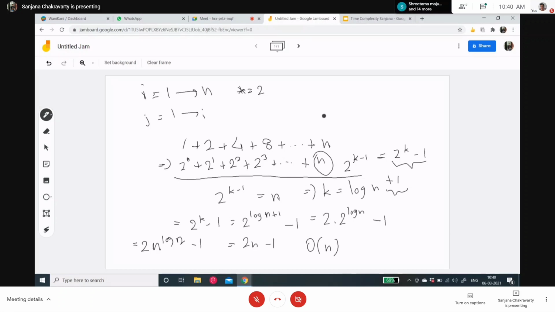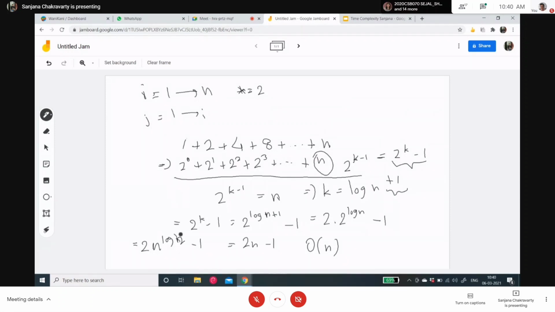Did people understand that? This one is tricky, especially if you're new to time complexity. I did not expect any of you to actually get this answer on the first go. But did you understand it now? n to the power log 2, or n, that is 2.